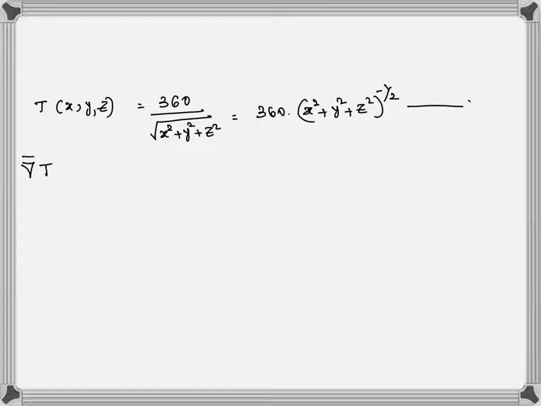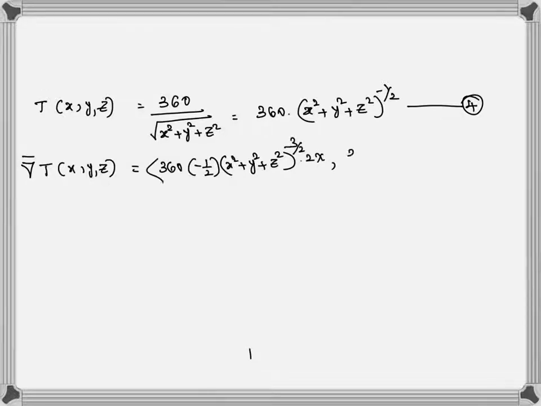Then del T, the gradient vector of T at x, y, z, which has components T sub x, T sub y, T sub z, which are the partial derivatives of T with respect to x, y, and z. The x component is 360 times -1/2 times (x squared plus y squared plus z squared) to the power of -1/2 minus 1, which is -3/2, times the inner derivative, which is 2x.